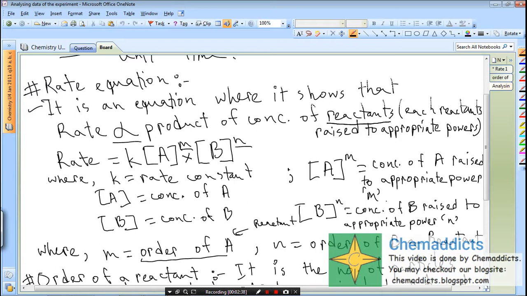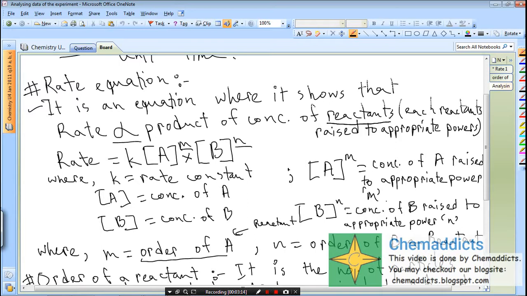Here A and B are both reactants. This is the concentration of A raised to an appropriate power M, and this is the concentration of B raised to a particular power N. So here is the product, multiplied. We have multiplied these both things together.